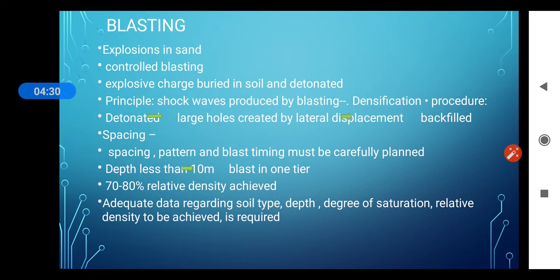In the procedure, a pipe of about 7.5 to 10 centimeters is driven to the required depth in the soil strata. The sticks of dynamite and electric detonator are wrapped in waterproof bundles and lowered through the casing.